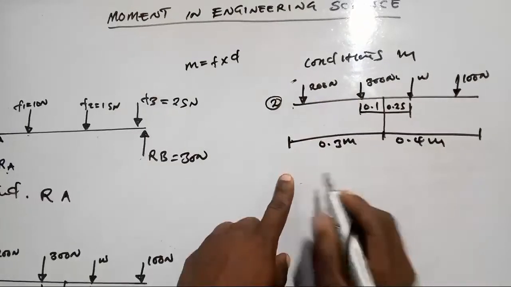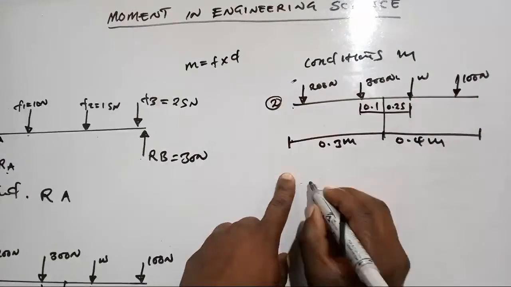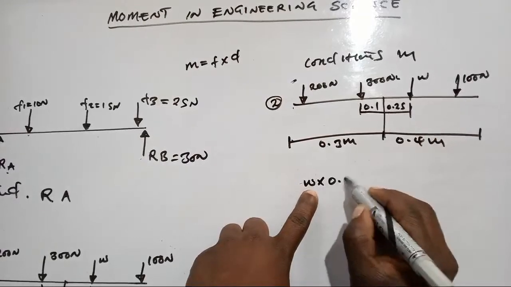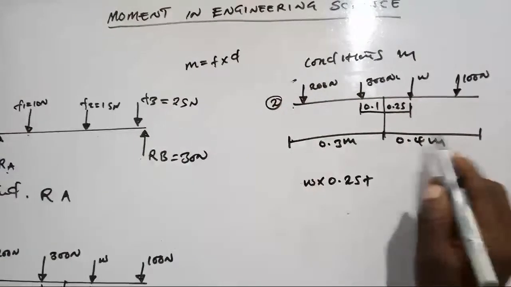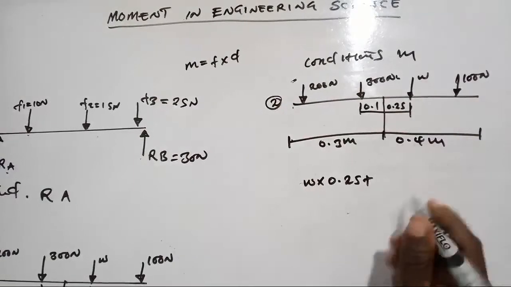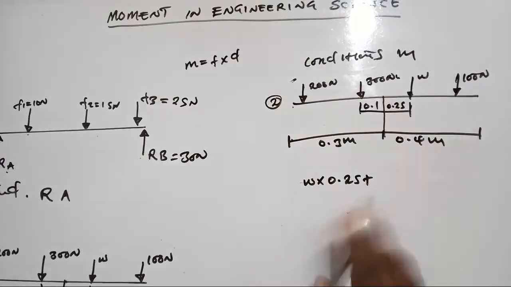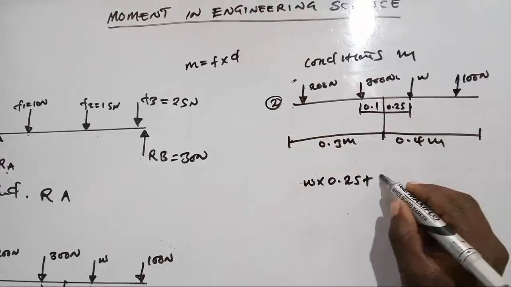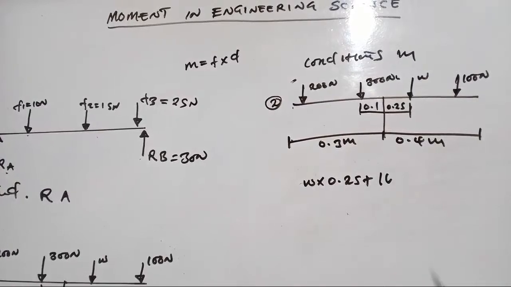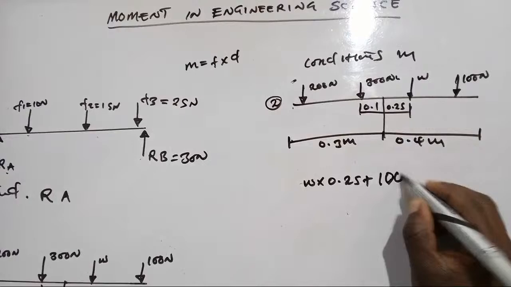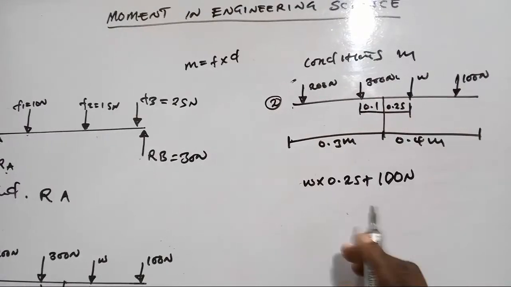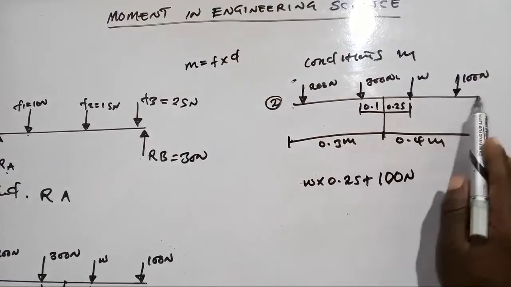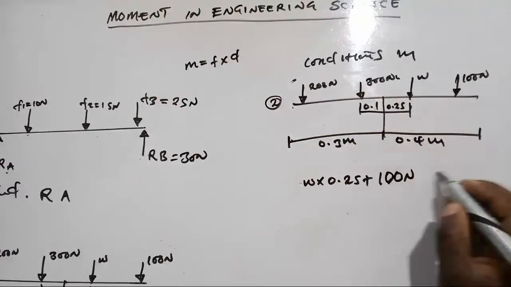So it will be W times 0.25, then plus this 100 Newton multiplied by the distance from this point up to here, which is 0.4.